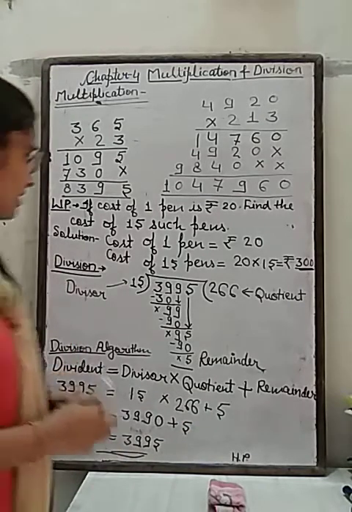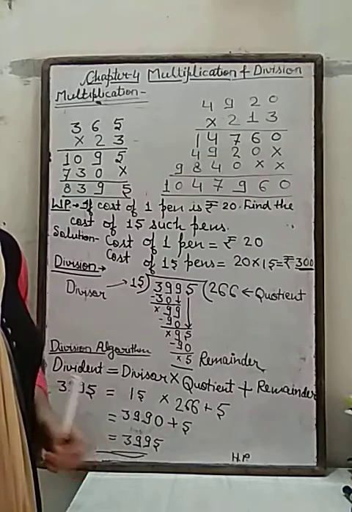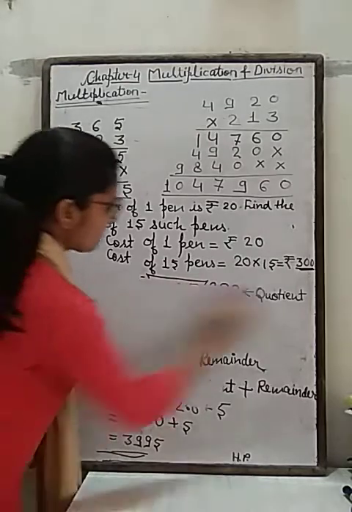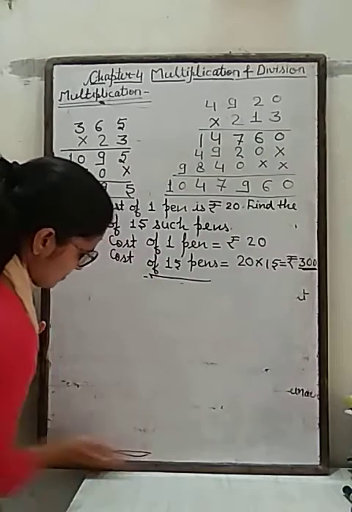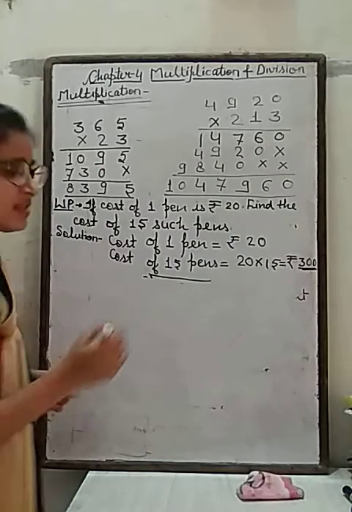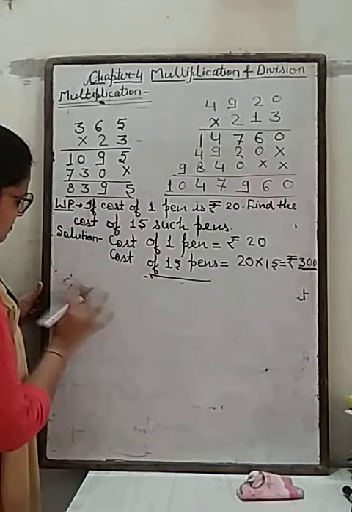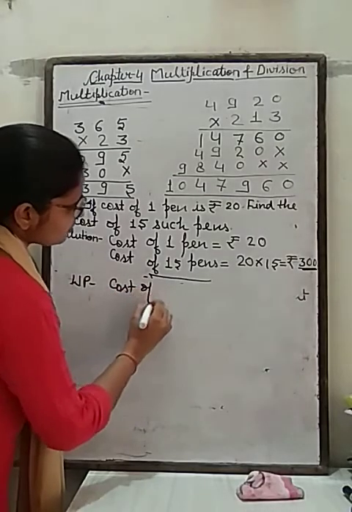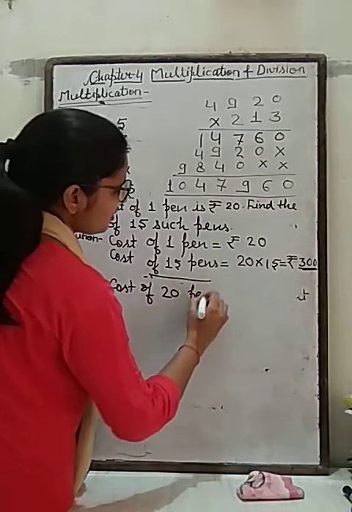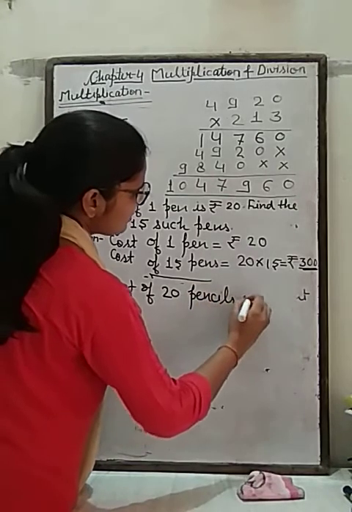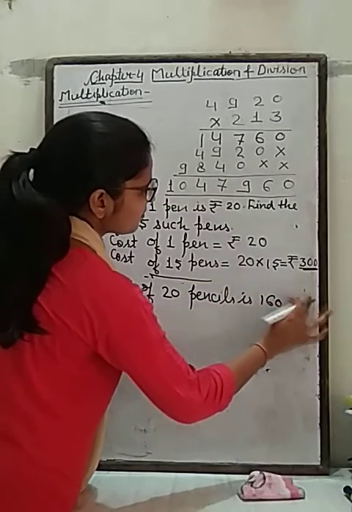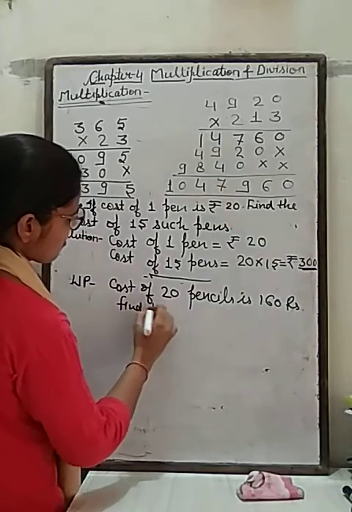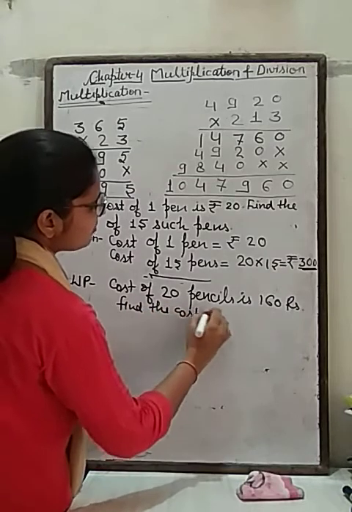Now I'm telling you one example, a word problem on division. For example, if somebody is saying that the cost of 20 pencils is 160 rupees, find the cost of one pencil.